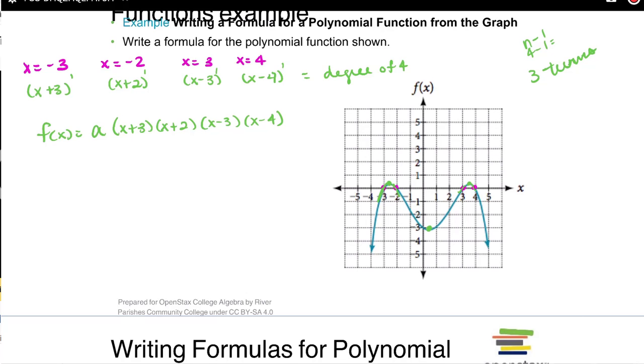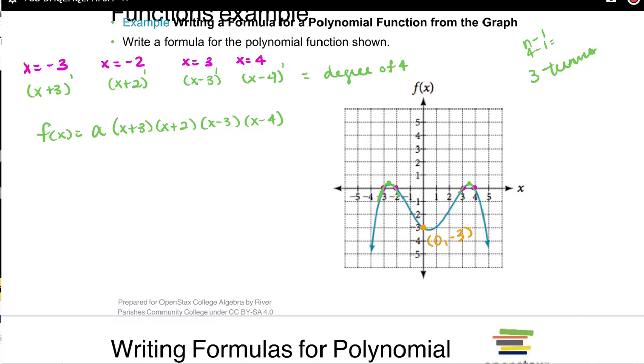So then what we need to do is pick one point and plug in for x and for y, or f of x. They say that the easiest point to plug in can sometimes be, if you have access to it, the y-intercept. So that's the point 0, -3.